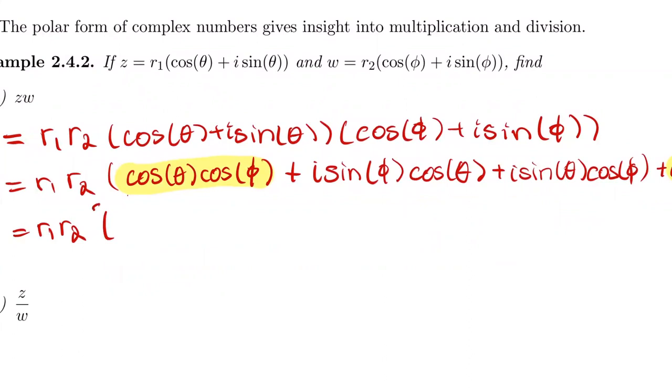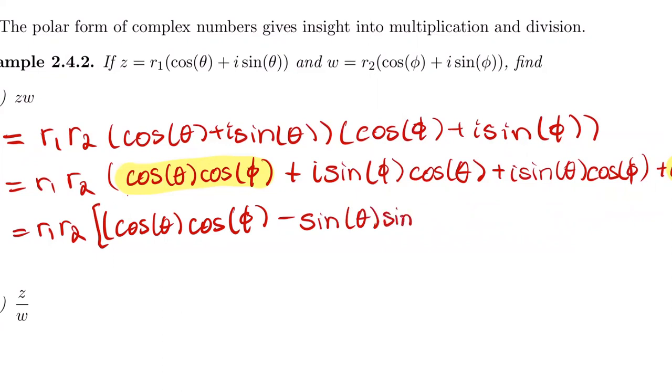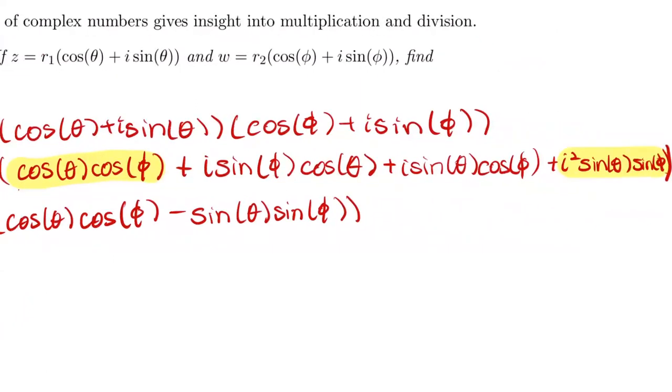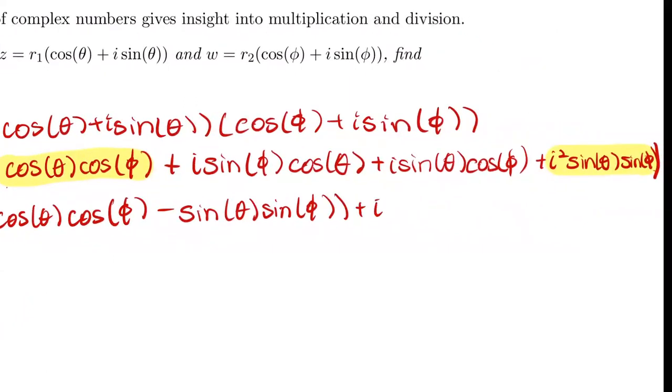For the real part, we're going to have cos theta cos phi minus sine theta sine phi. And also, we have plus I, so we're actually going to be common factoring out the next term.